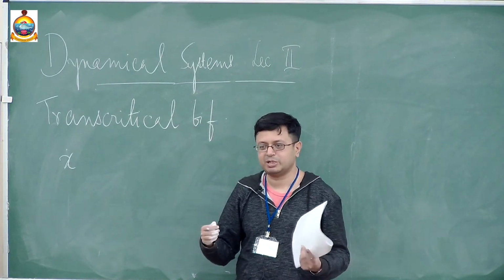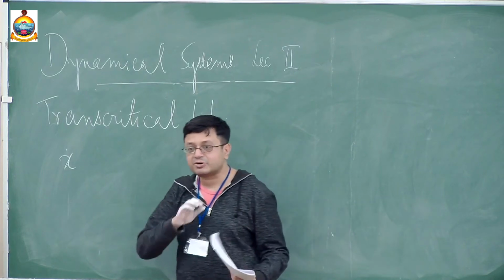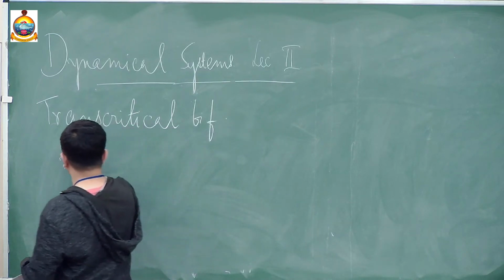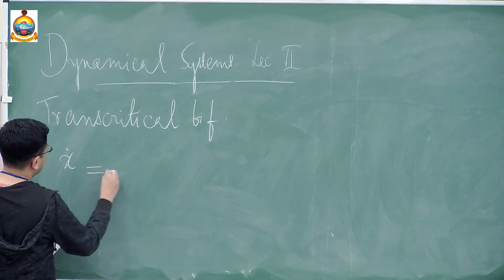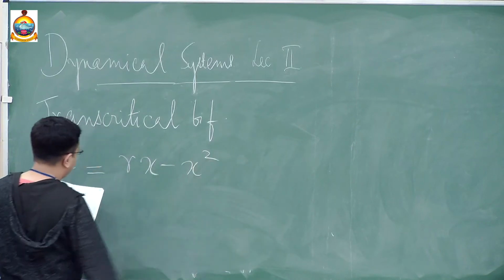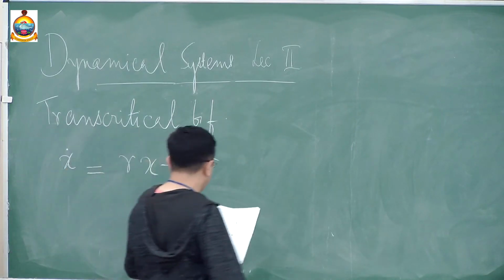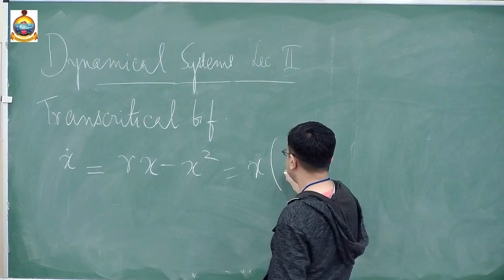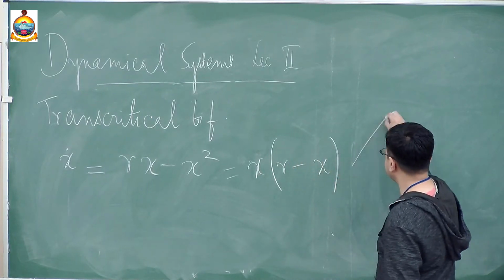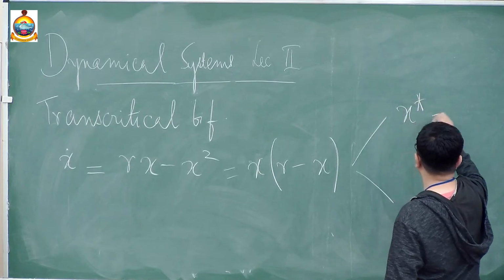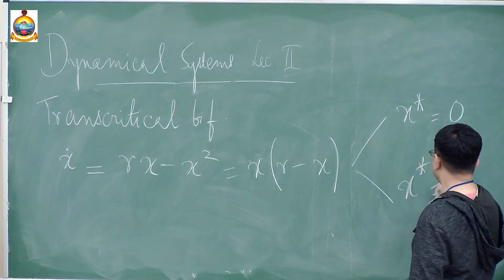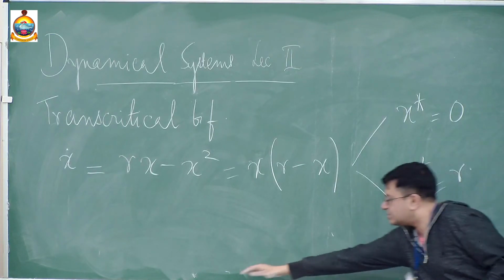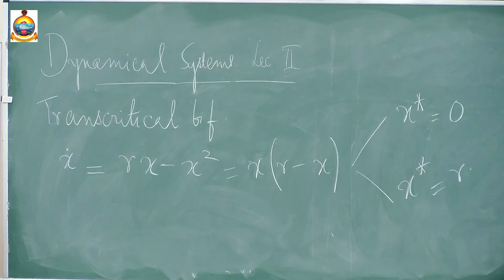You cannot annihilate a fixed point, it exists for all values of R. It may change stability, but it may not just disappear. So suppose you take x dot is equal to R x minus x square, and this is x times R minus x. That means you are going to get two fixed points. One is x star equal to 0, and one is x star equal to R. Right? Let me quickly draw the figures. I will not go into details because these are simple functions to plot.